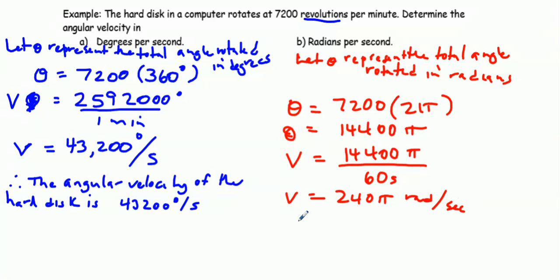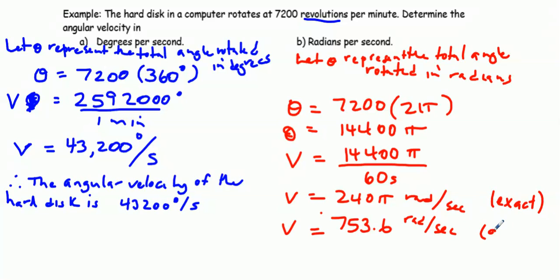That's the exact angular velocity, and if I had asked you for the approximate angular velocity, you would just substitute in pi. Use your calculator pi. I'm just using 3.14 because I'm using my iPad as a calculator, but generally you should be using calculator pi, so that we're all on the same page with our answers. So approximately 753.6 radians per second, which would be the approximate.